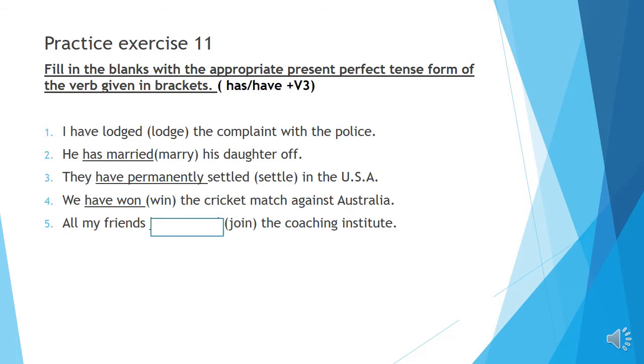All my friends dash join the coaching institute. So children, your subject is all my friends. So it is plural, so we have to use have. V3 form of join is joined. So the answer is all my friends have joined the coaching institute.